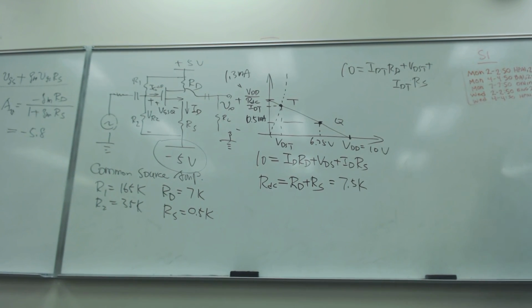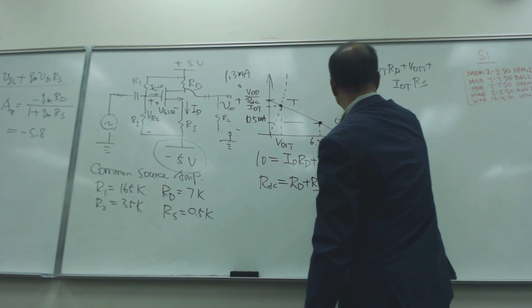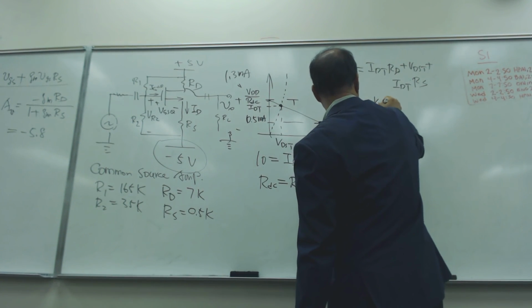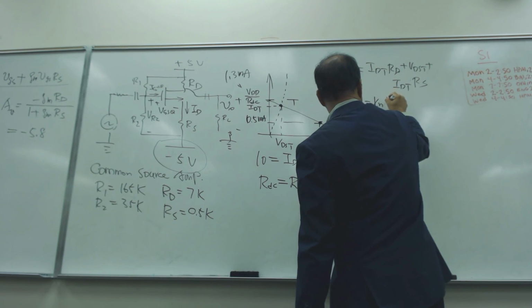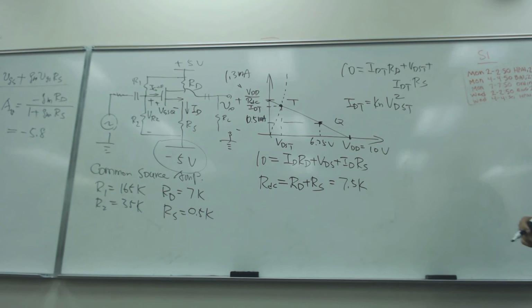Right? The same equation, but put T. And then the second equation we can get is IDT is always equal to Kn VDST squared, right?